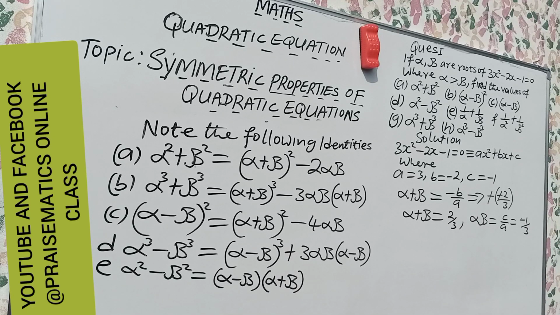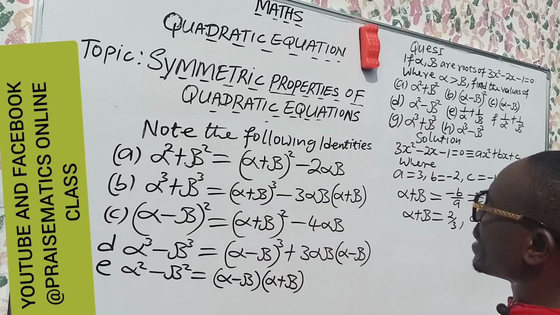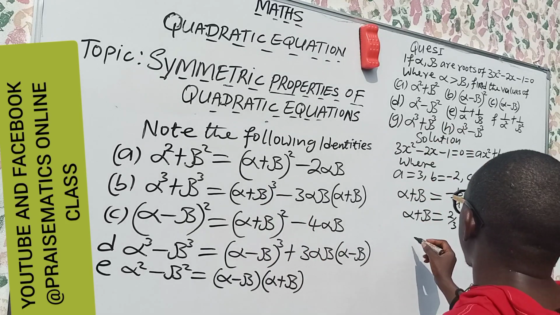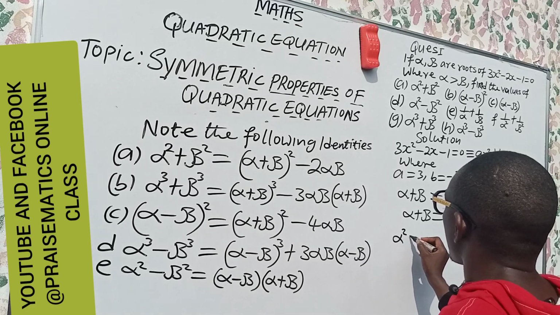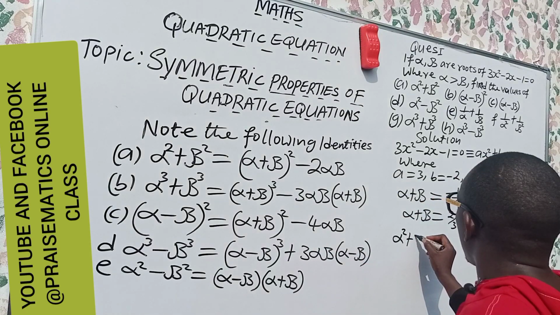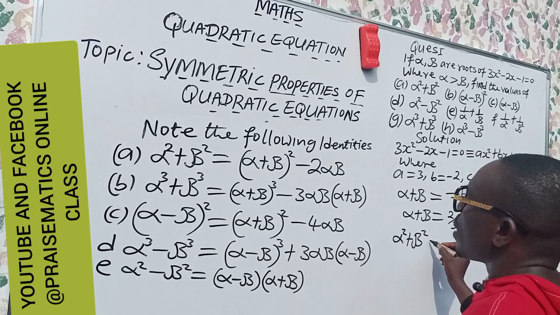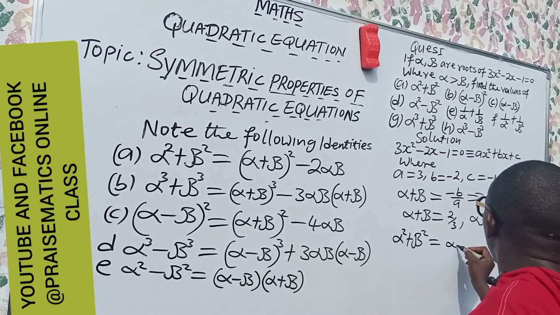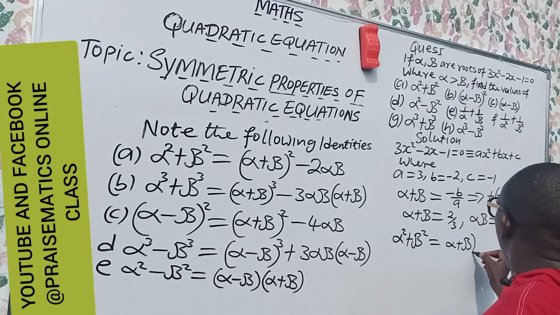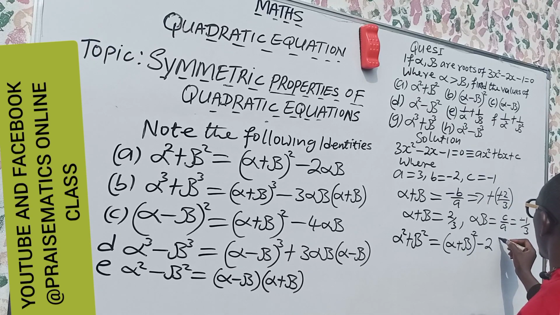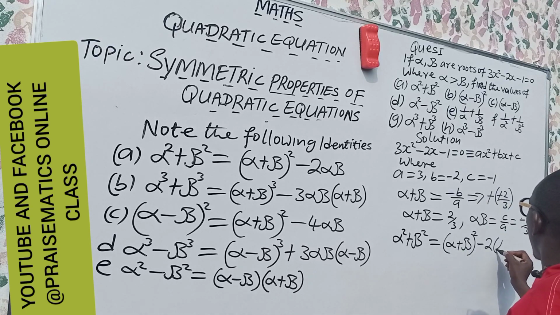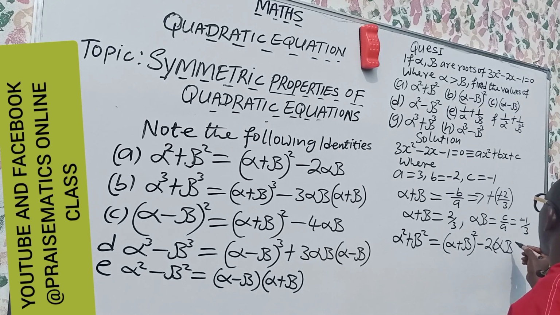So what do we do here? We need to go back to the identity, solution A. That says alpha square plus beta square is equal to alpha plus beta all squared minus 2 alpha beta.